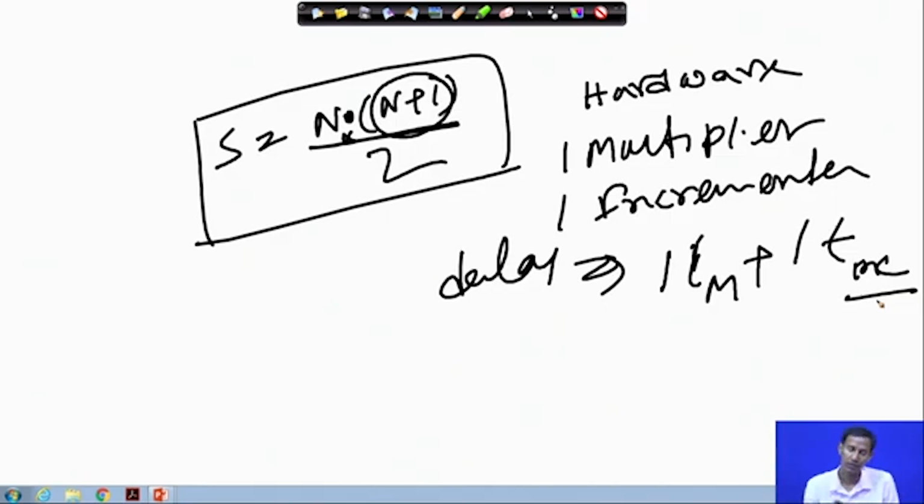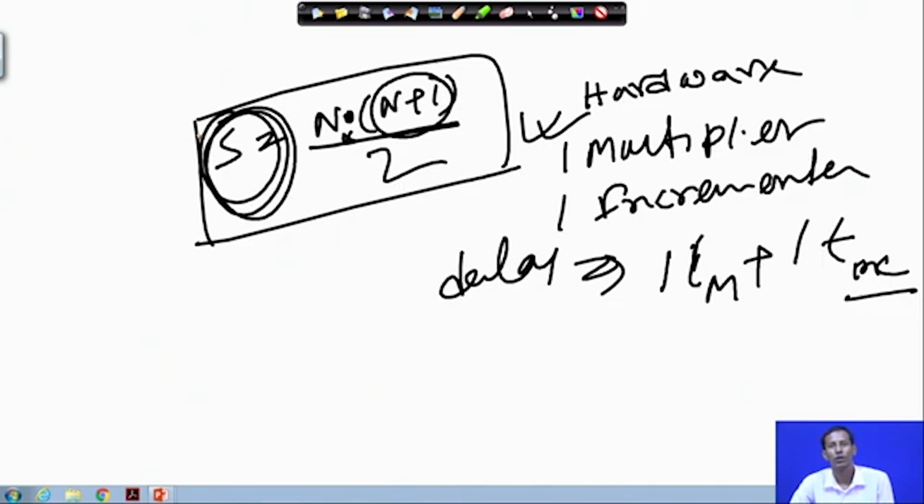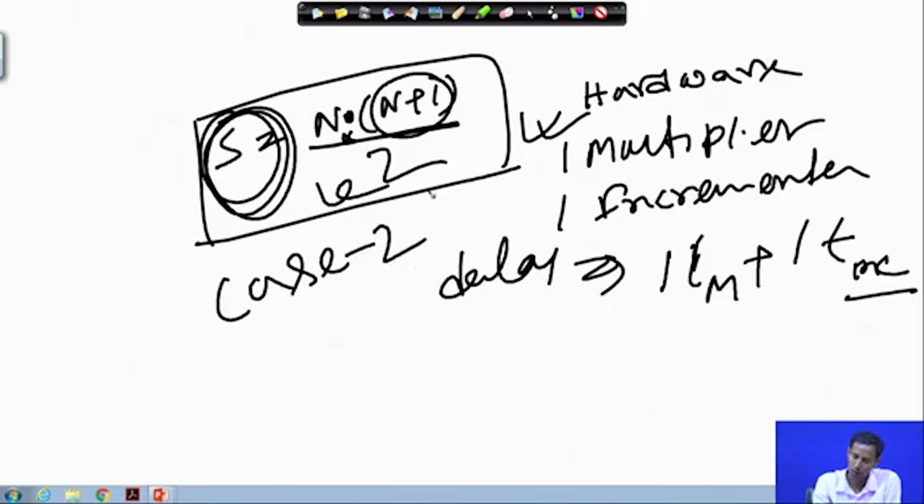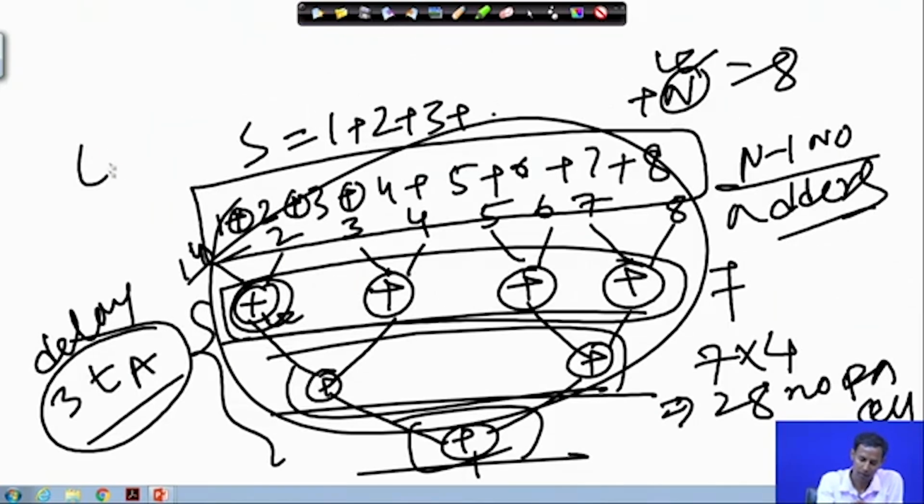So that means this is another implementation style by which I can implement the corresponding expression for the summation of n natural numbers. In these two cases, if this is considered as case 2, the previous one is case 1.